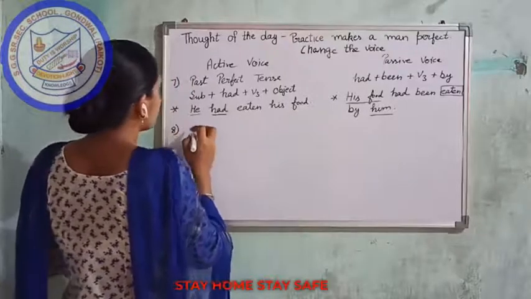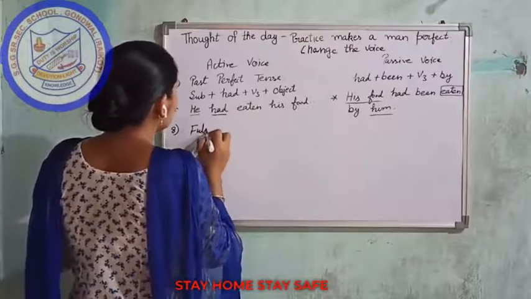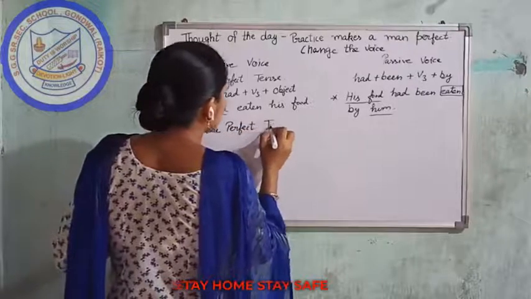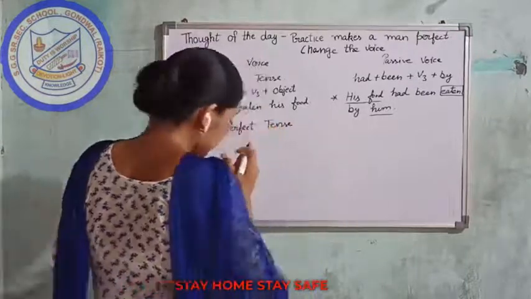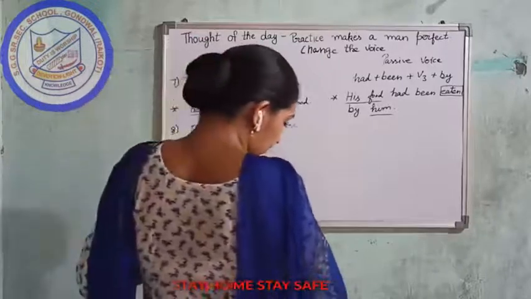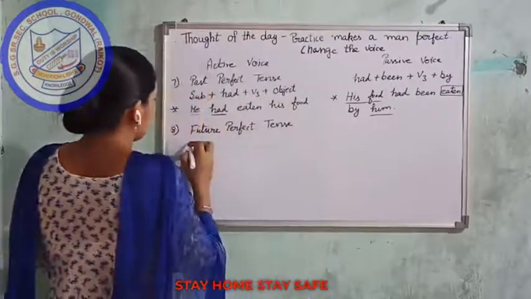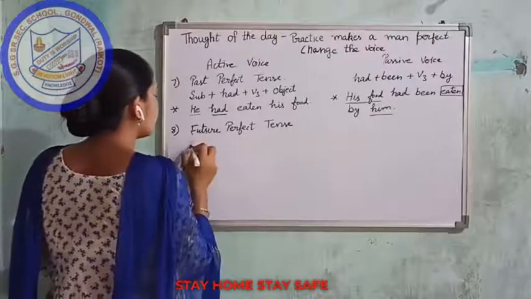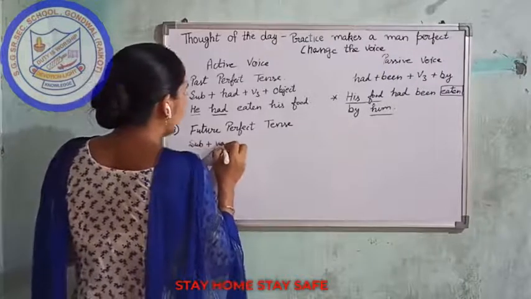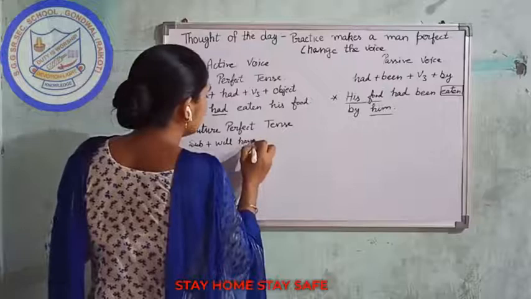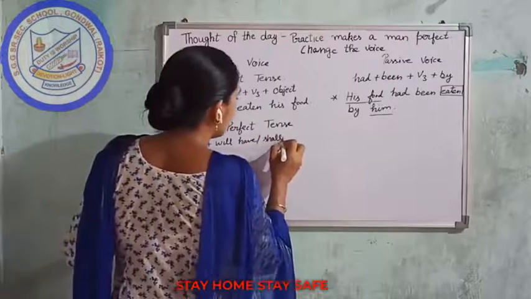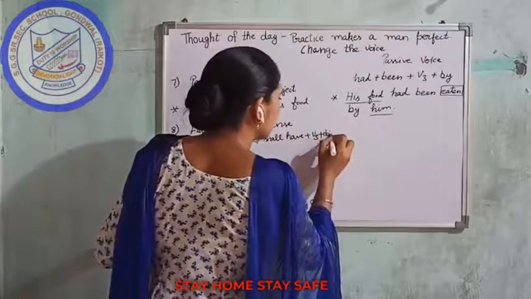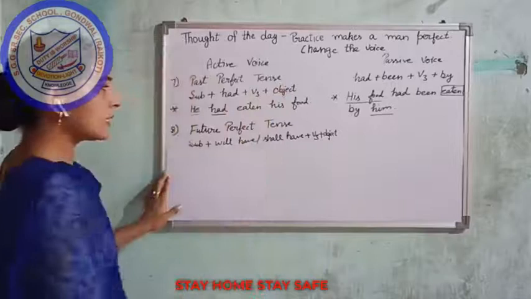And the next is future perfect tense. Now, what is the indication of future perfect tense? First of all, we will make use of subject, then will have, shall have, past participle and object. Is it clear?